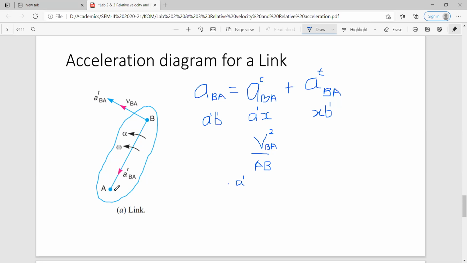So what is the center of rotation? Point A. This means the radial or centripetal component will be acting towards point A, which means downward. So I will draw a vector which is parallel to the link and coming downward like this. I will not draw it upward. A dash x.